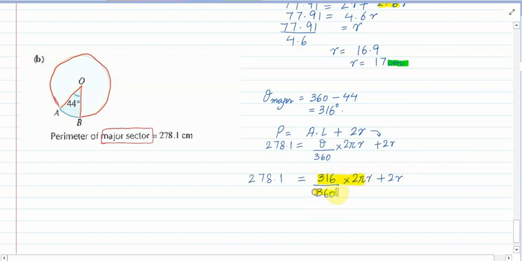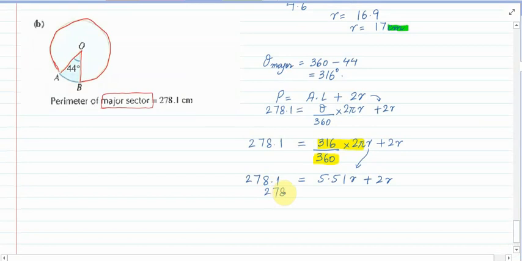They all are numbers and you can solve it on your calculator easily. So it will be 316 multiplied by 2 multiplied by pi divided by 360 is 5.51. 5.51, don't forget to write r here as well. Plus 2r equals 278.1, right?